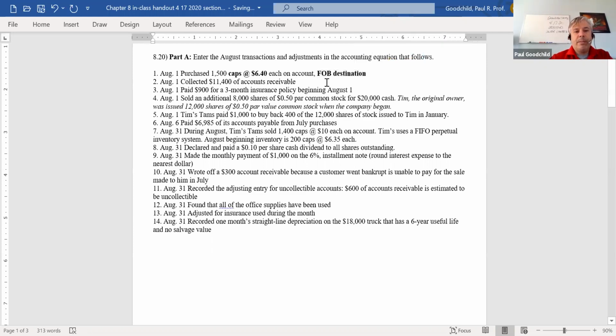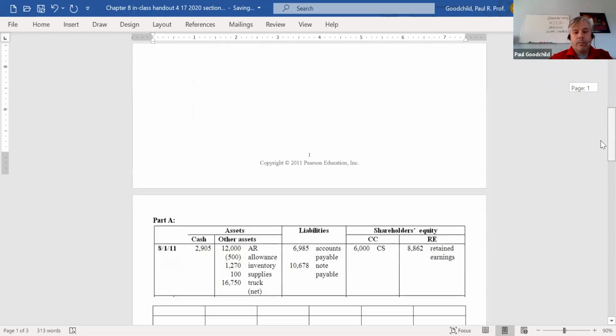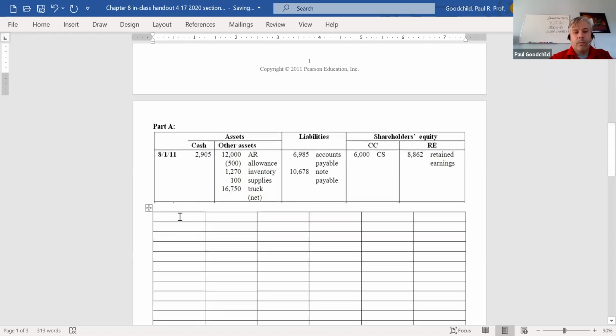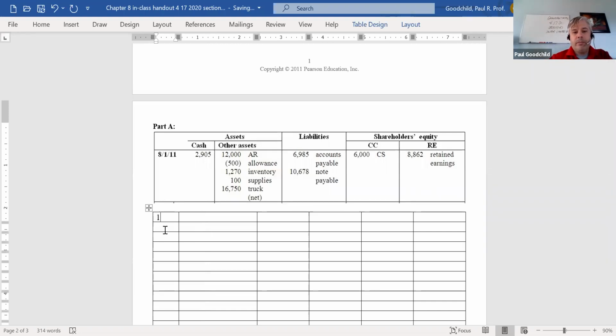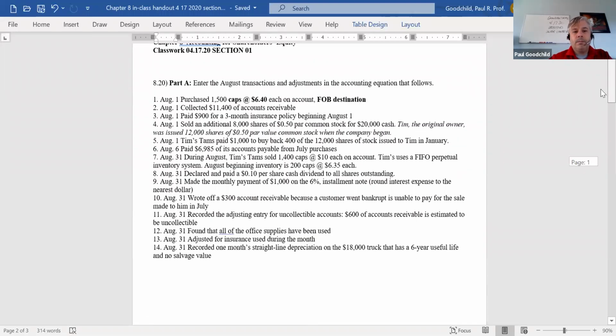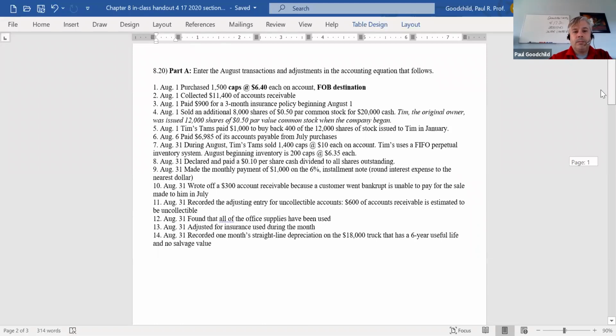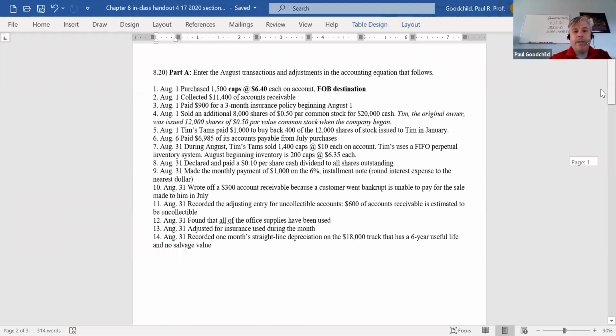So that means when they get the materials, they become their property. So for that first one, we don't make any entry right now. Let's see when it comes in.